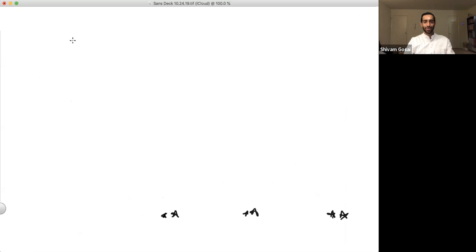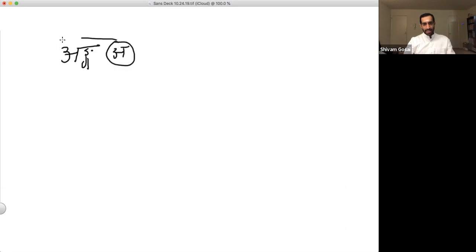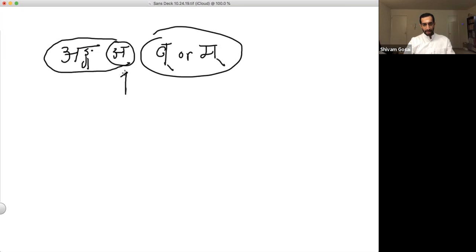Okay, so now let's look at that two-star rule. The two-star rule is when I have an anga, the last akara of an anga, when it is followed by vakara or makara, this akara becomes long.